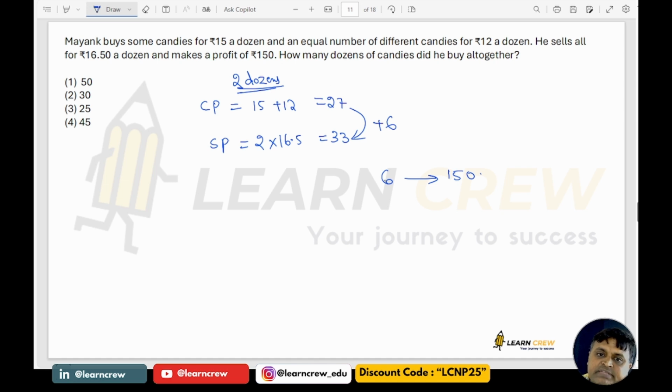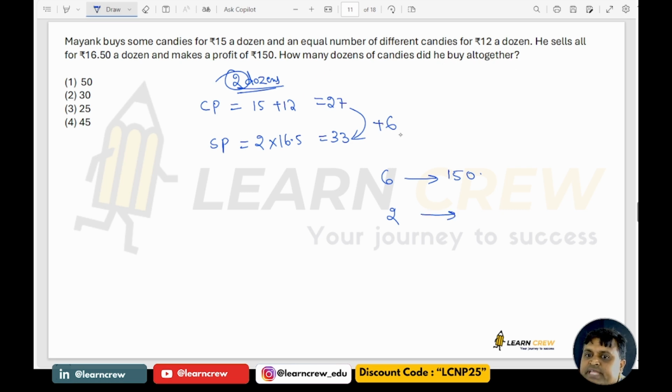If 6 is given as 150, then what is the question asked here? What would be the total number of dozens? It is 2, right? How many dozens of candies did he buy altogether?